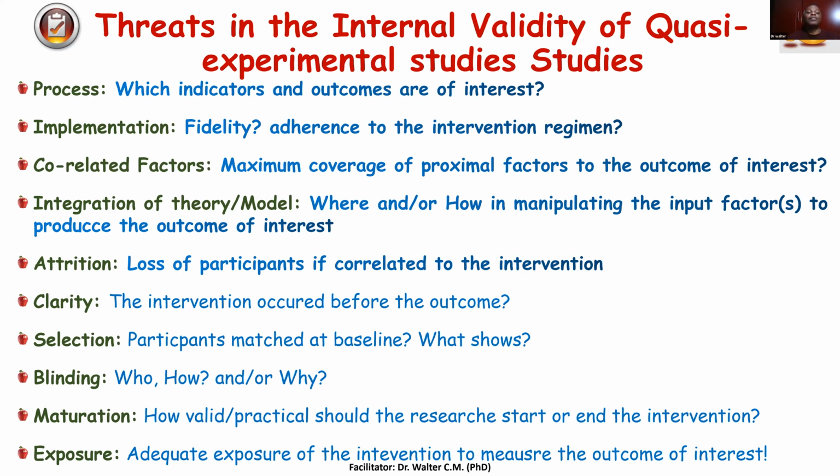It's very difficult sometimes for a researcher in a proposal to prescribe the indicators of the outcome of interest. How do you know that this intervention package tallies with the knowledge, or tallies with the variable self-efficacy? How do you know that? Sometimes it becomes very difficult.